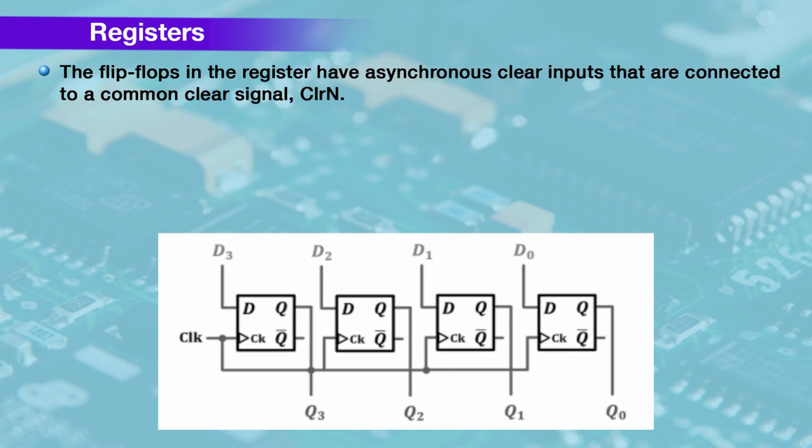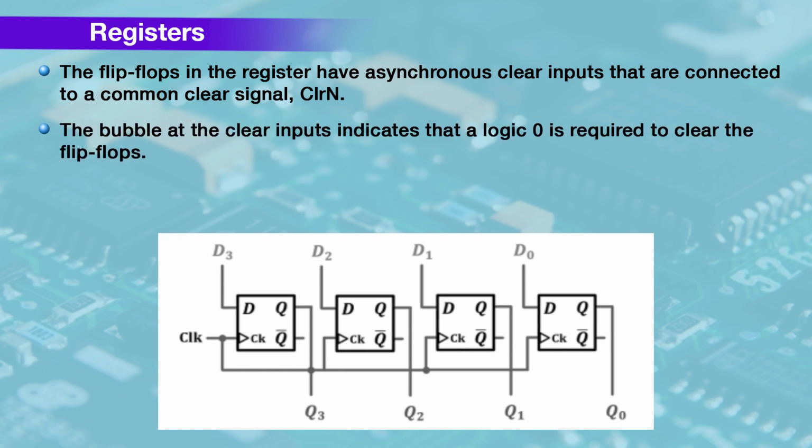The flip-flops in the register have asynchronous clear inputs that are connected to a common clear signal represented by CLR N. The bubble at the clear input indicates that a logic 0 is required to clear the flip-flop.